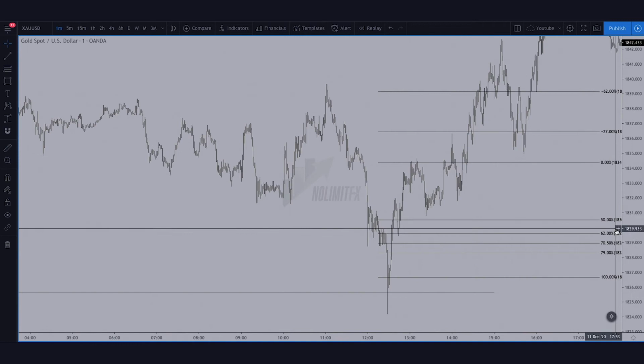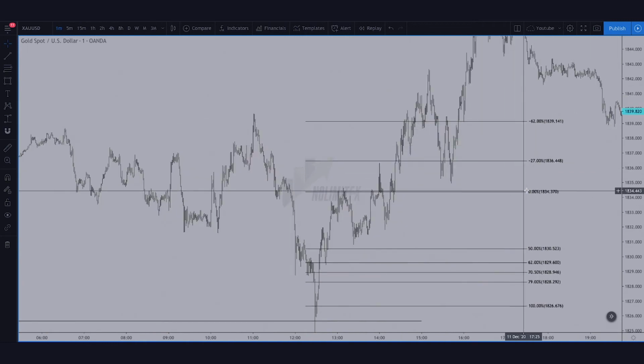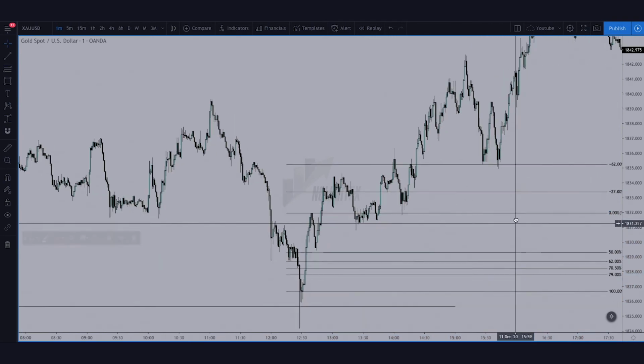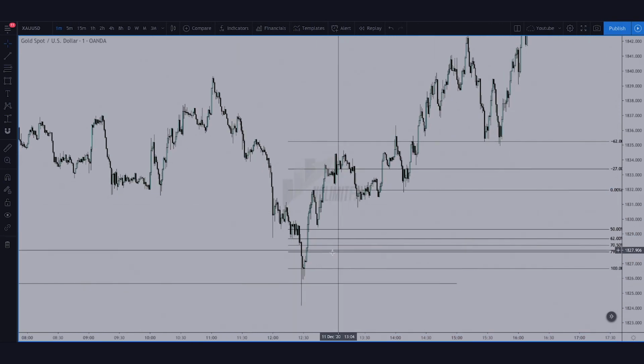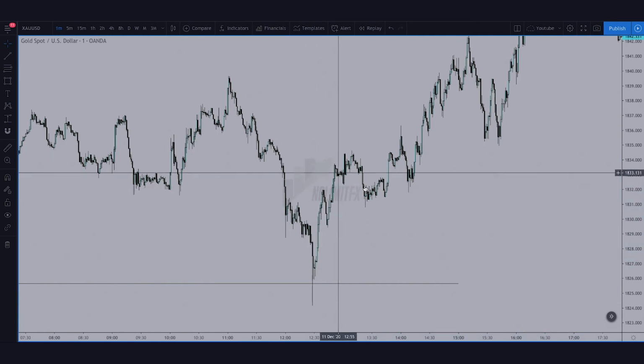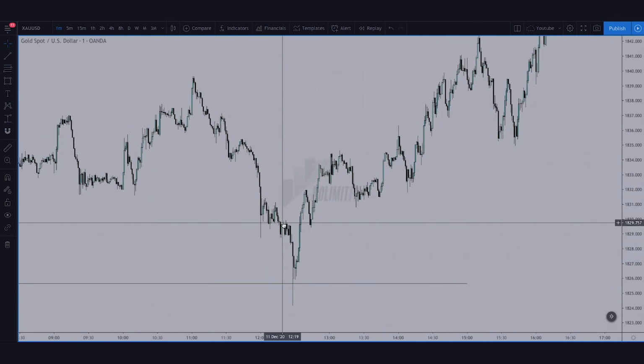But you can also trade it from the 1 minute, if you like, though I do not prefer it. Because here, what do we have? We have the break of structure, right?